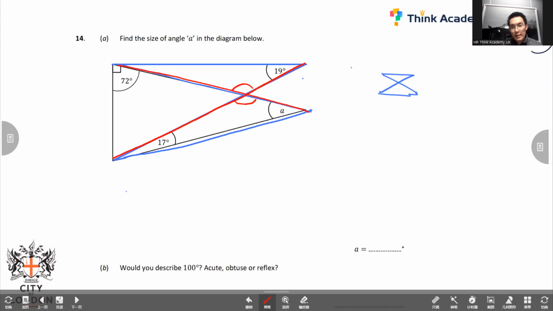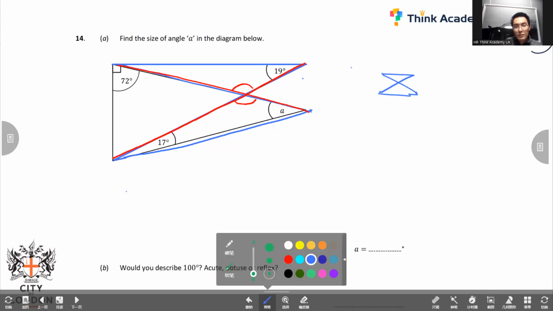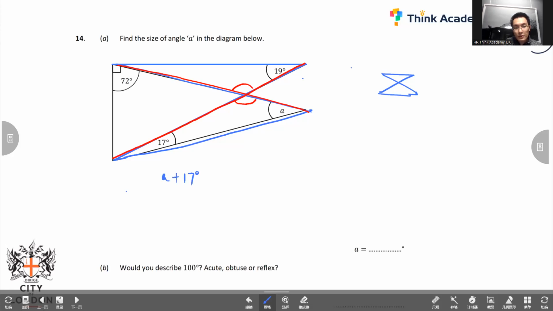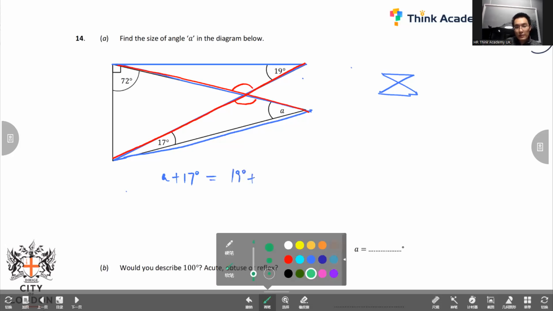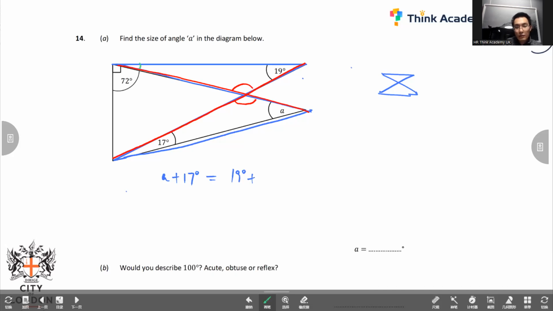And because the sum of all 3 angles in a triangle is 180 degrees, then we can say, let me write in another color, A plus 17 degrees equals 19 degrees plus the, mark this green, so the green angle. This is how we represent an angle in mathematics.